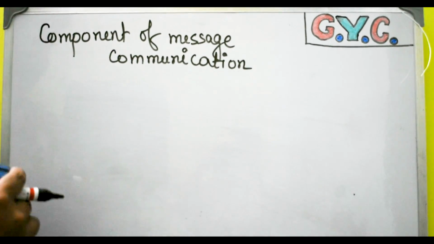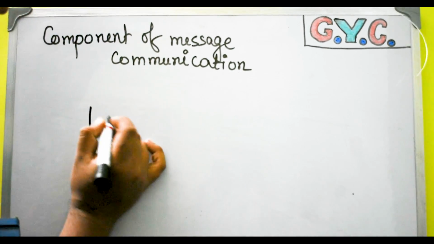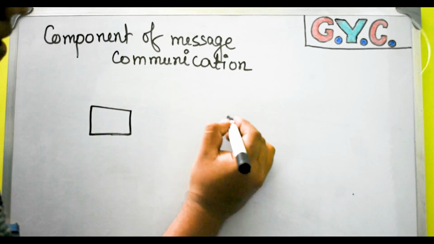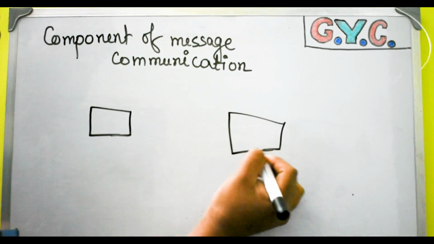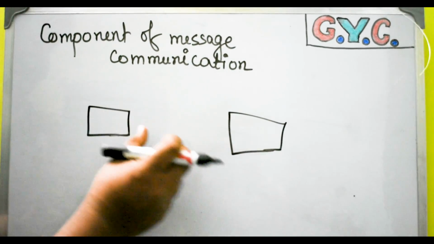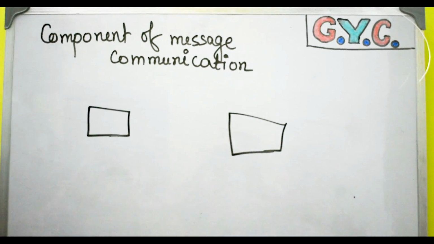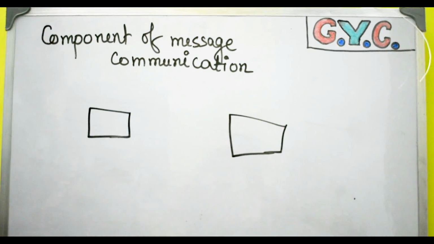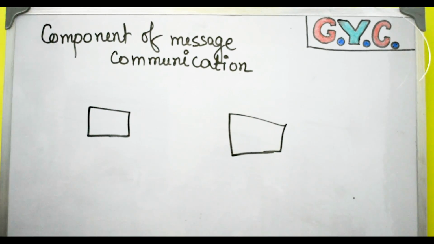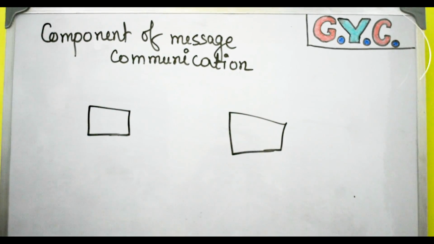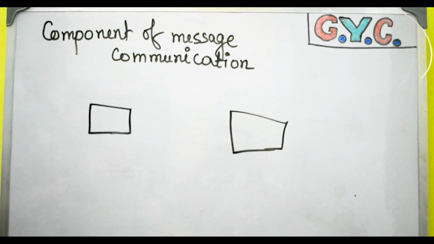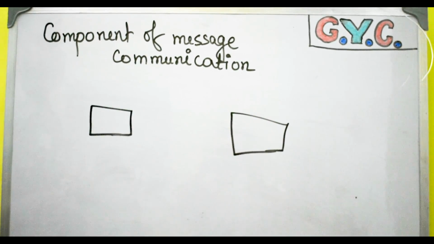No. We have a sender, we have a receiver, and there is no connection between them. Suppose you are staying at your home and your father has gone out for some official work.